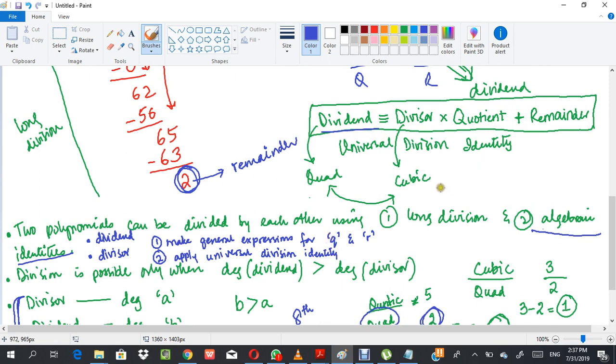We will carry out some multiplication and addition, and the third step would be comparing coefficients.